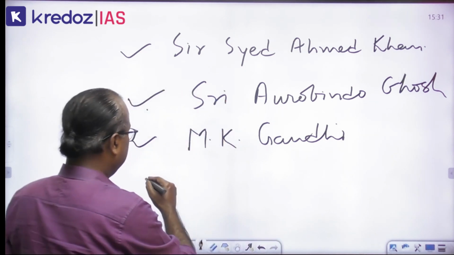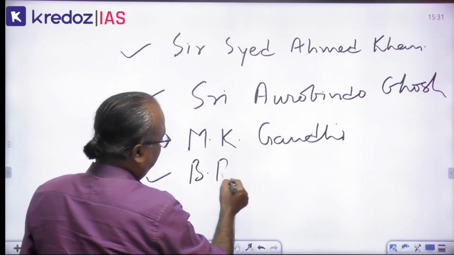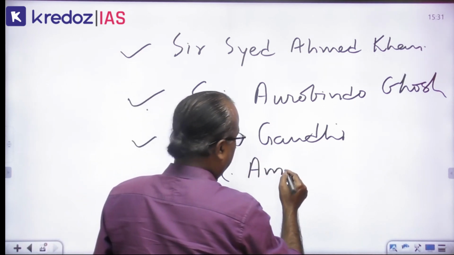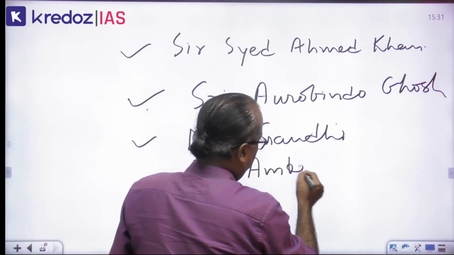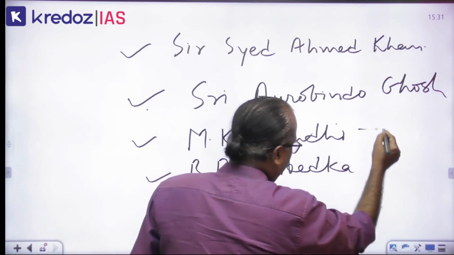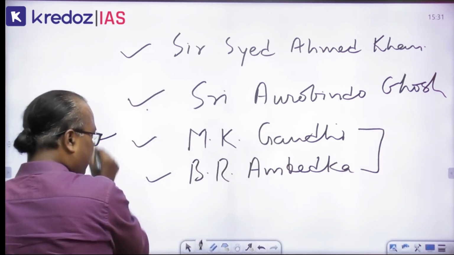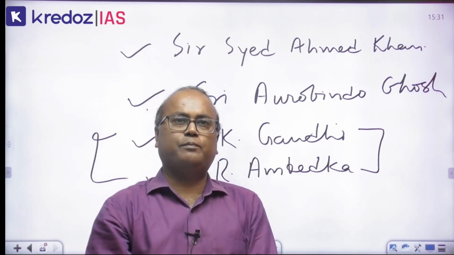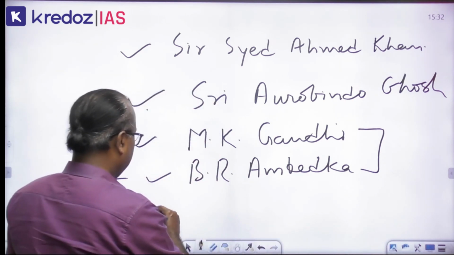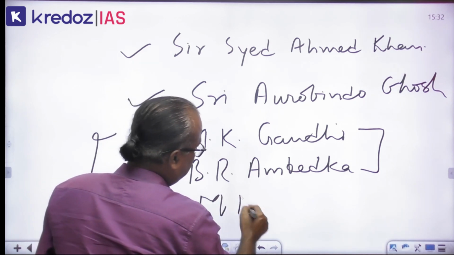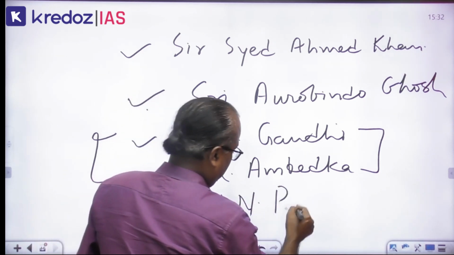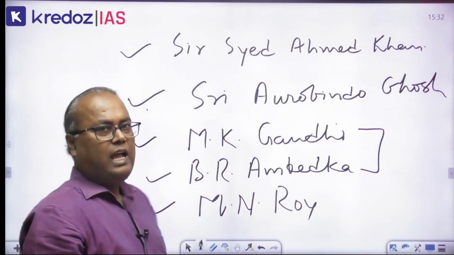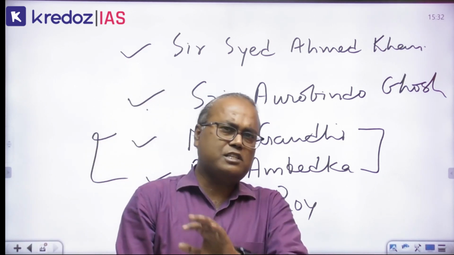And then B.R. Ambedkar. Okay, and the comparison between M.K. Gandhi and Ambedkar is a very important part of our syllabus, and in the examination such questions are usually asked. Next one is M.N. Roy.